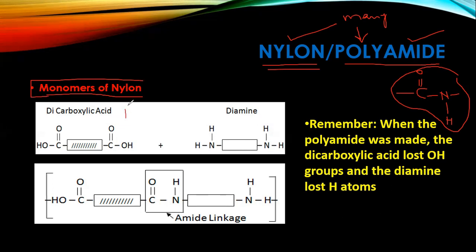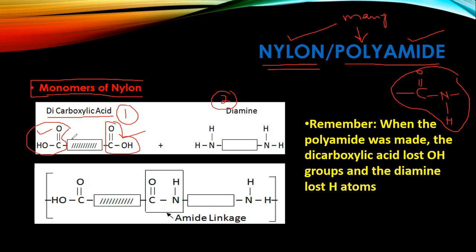Monomer number 1 is a carboxylic acid. Monomer number 2 is an amine. Now you can see this carboxylic acid has two carboxylic acid functional groups on the terminals. That's why we call it a dicarboxylic acid. Dicarboxylic acid means it contains two carboxylic acid functional groups on the terminals.